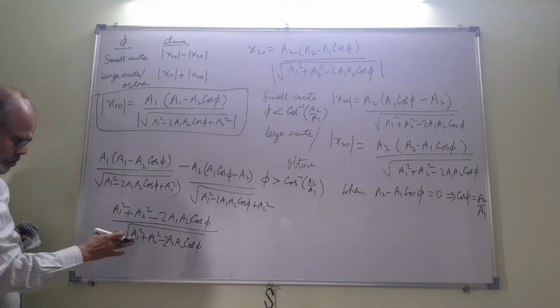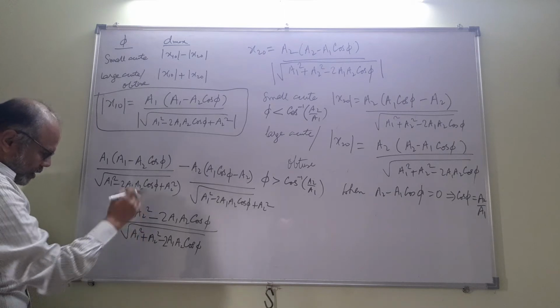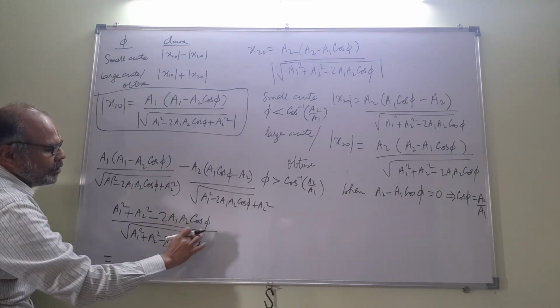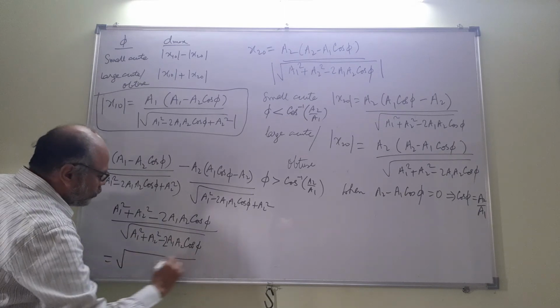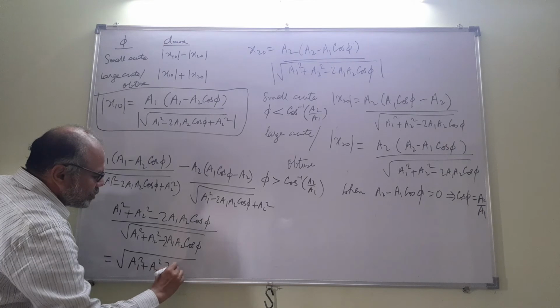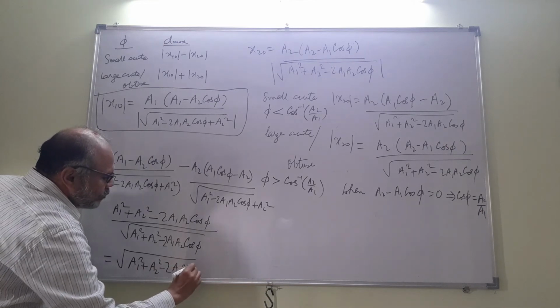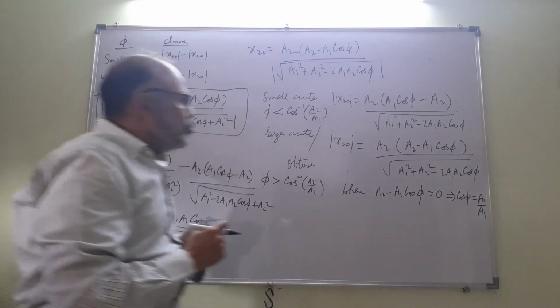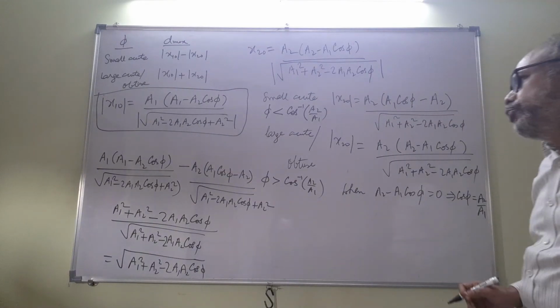So the numerator and denominator are the same except the square root sign. So this would be root of a1 squared plus a2 squared minus 2a1 a2 cos phi. That would be the maximum distance when it is acute.